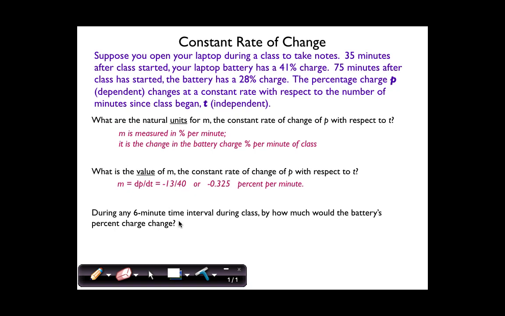All right, so during any 6-minute time interval during class, just picking 6 at random, it's not pertinent here for something mentioned earlier, by how much would the battery's percent charge change? What would you do to find that? Yeah, 6 times negative, whatever version of that you want, negative 0.325 or negative 13 over 40.